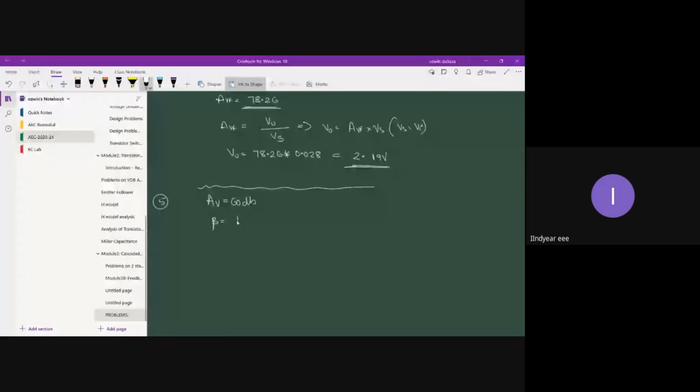So this amplifier uses 1/20th of its output in negative feedback. Calculate the gain with feedback.